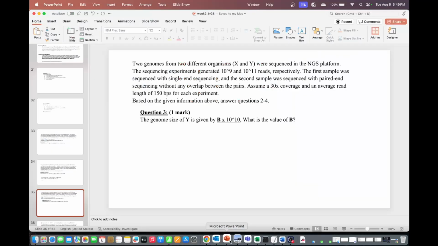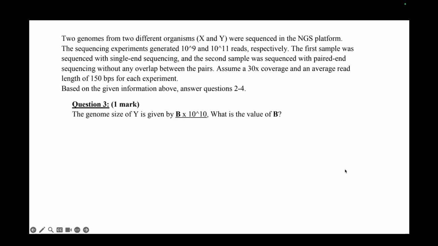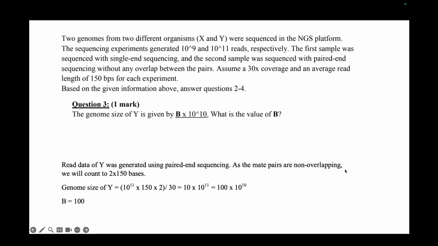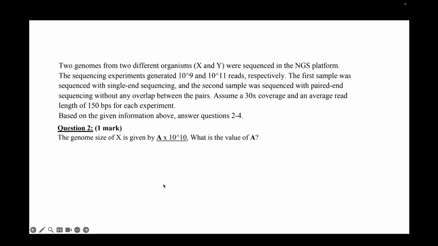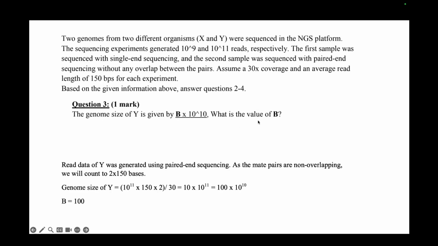Okay, let's see. You missed this part of the question. The first sample was sequenced with single end sequencing, and the second sample was sequenced with paired end sequencing.